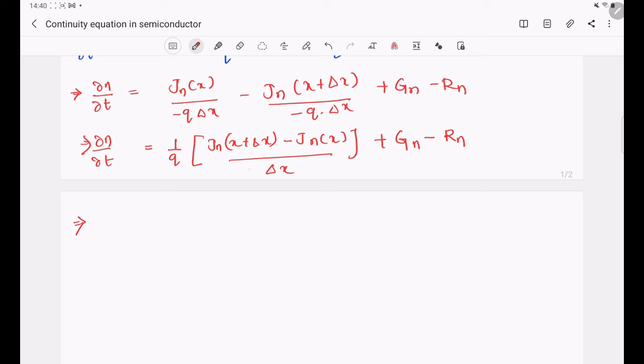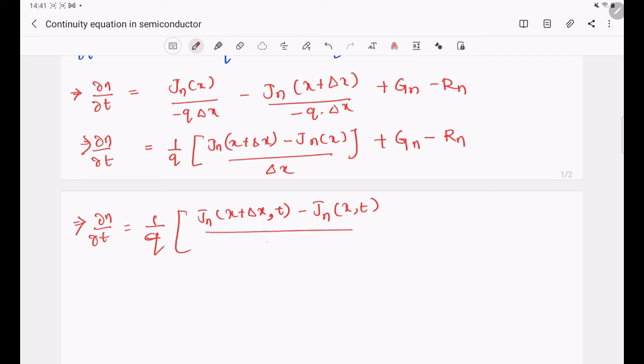That means we will consider the current density at a particular time. So we can rewrite this equation as del n by del t equals 1 by q, Jn x plus del x comma t, minus Jn x comma t, divided by del x, plus Gn minus Rn. It means we are considering the current density at x plus del x at time t.